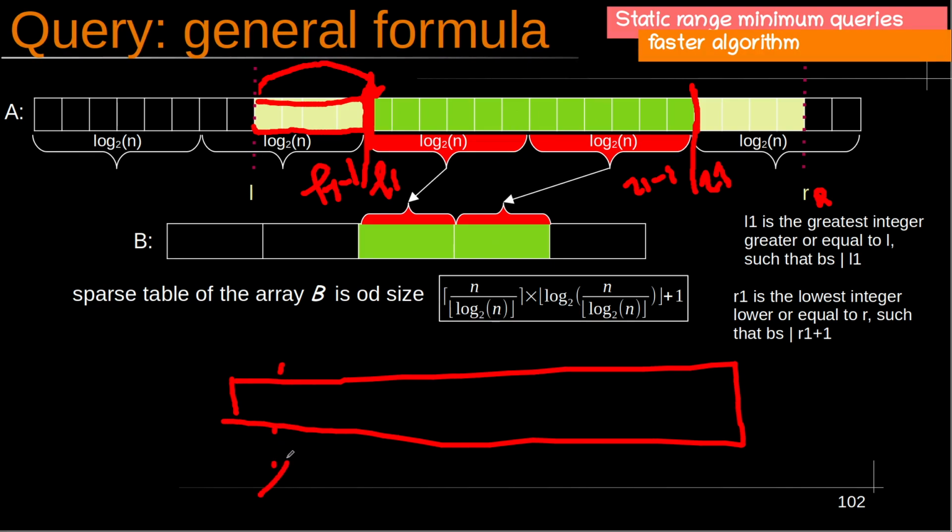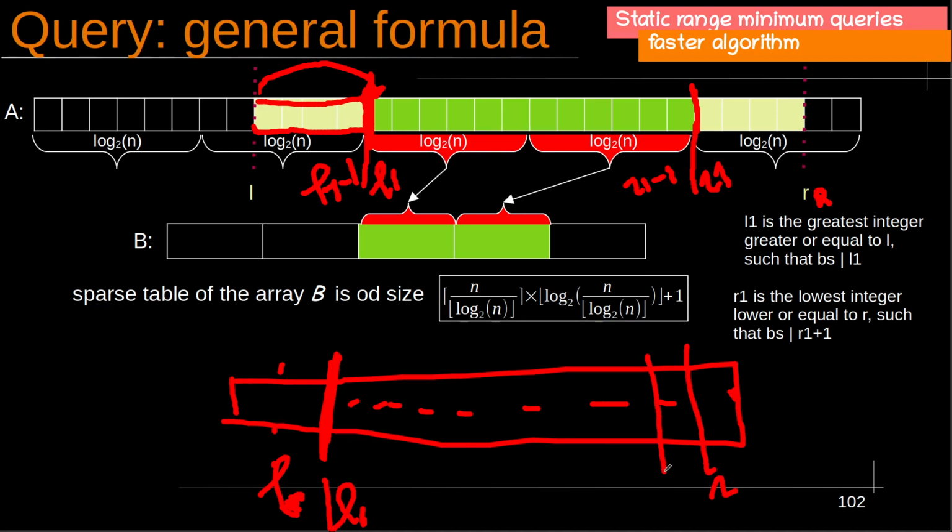We have L, and we compute L1, the start of the next block after L. And we have many blocks here, and we have R. If R is not the end of its block, we compute R1, the start of the current block, so the end of the just previous block is R1 minus 1.